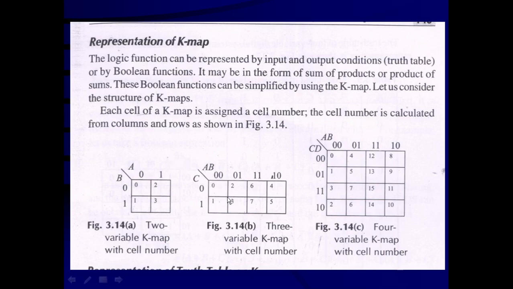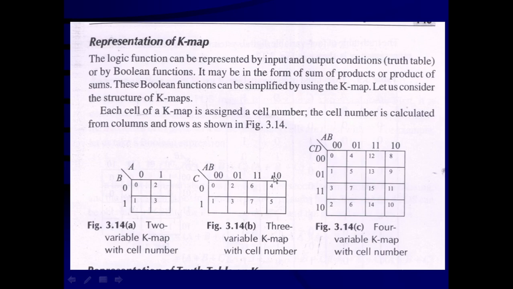Here we have A, B and C. For AB equal to 0 0 and C equal to 0, that means this cell, and that is equal to 0. Now AB for this column and C equal to 1, so 0 0 1 corresponds to 1. Next column 0 1, then 0: so 0 1 0 corresponds to 2 and 0 1 1 corresponds to 3.